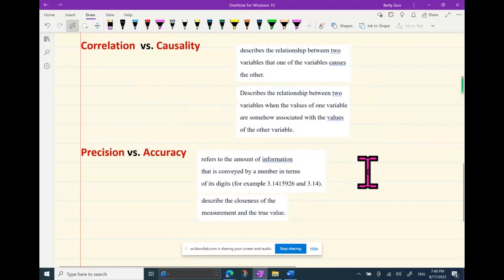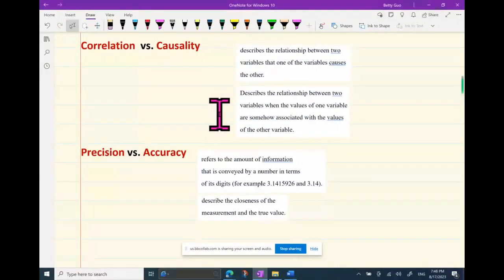So when the relationship between two variables demonstrates a certain pattern, we say there is a correlation between the two variables. But people often mistake correlation for causality. In my previous example, we see a correlation between the husband's IQ score and the wife's IQ score.